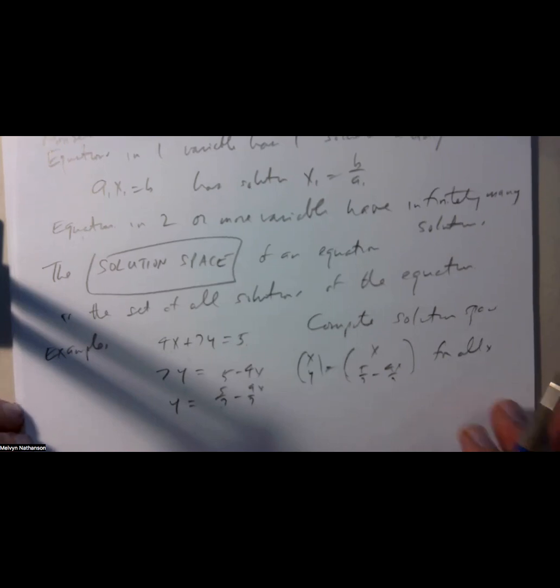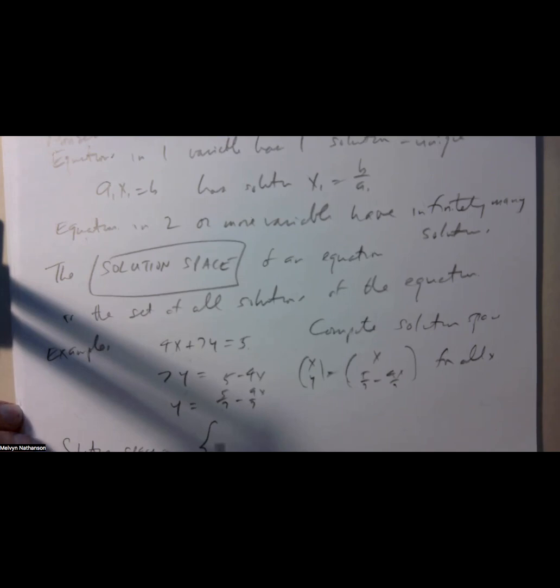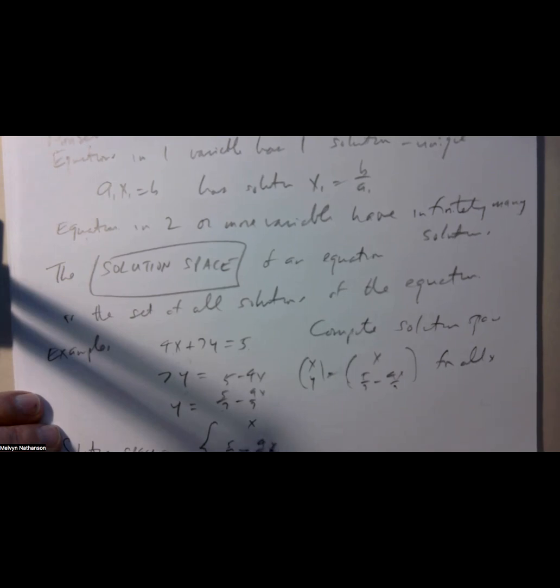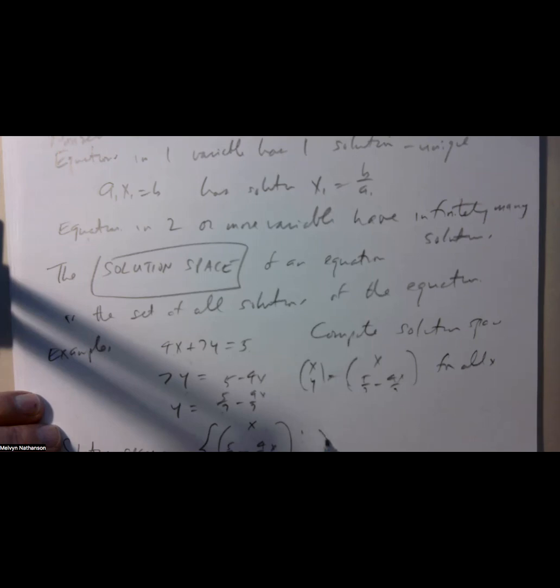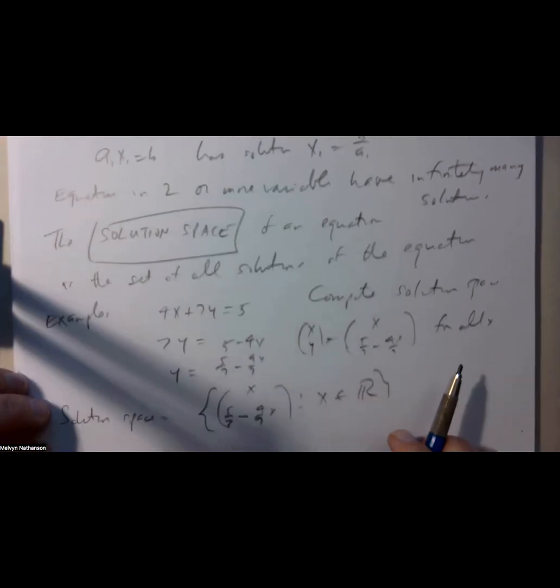And the way we would write that is the solution space is the set of all vectors with first coordinate x and second coordinate 5/7 minus 4/7 x, for all x in R. So this is mathematical notation.